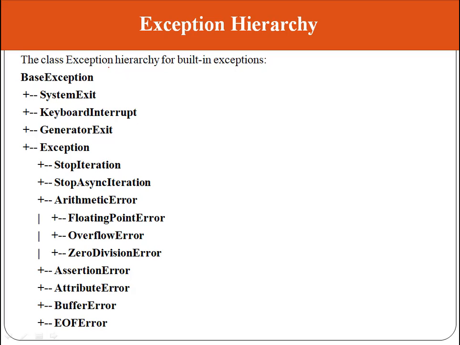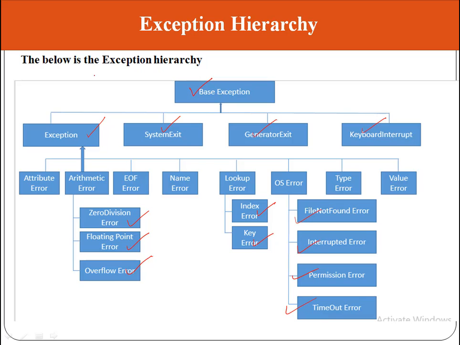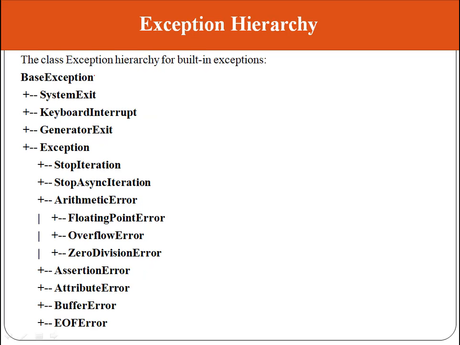Then the base class is there, in which we have seen SystemExit, Exception and all. So you can see SystemExit, KeyboardInterrupt, GeneratorExit, Exception, and in that you have StopIteration and so on. You can go through all these. You need not keep them in your mind, but you need to look into them when you are writing the program. So these are the exception hierarchies for the built-in exceptions.